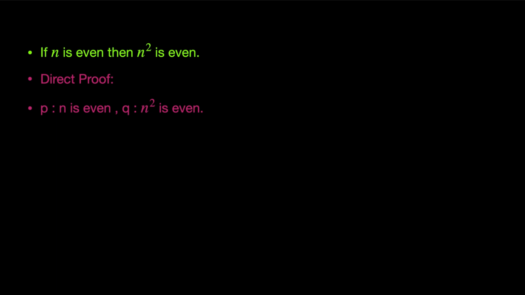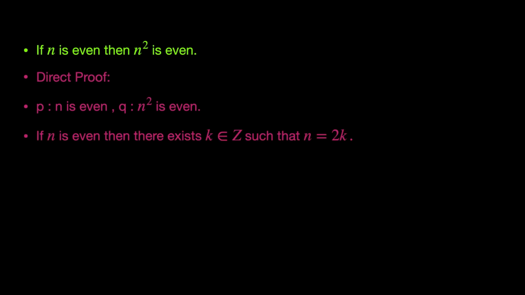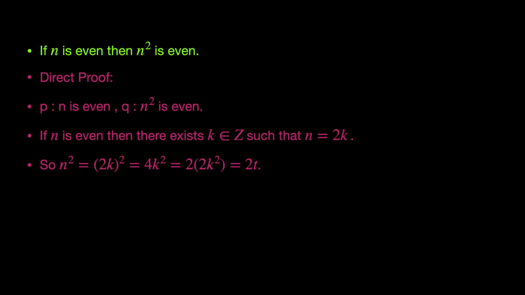So here the P part is: n is even. We know if n is even, then there must exist some integer k such that n is equal to 2k. If n is equal to 2k, then we know n squared is (2k) squared. (2k) squared is equal to 4k squared, and we can write it as 2 times 2k squared. Since k is an integer, k squared, and so 2 times k squared is an integer as well.